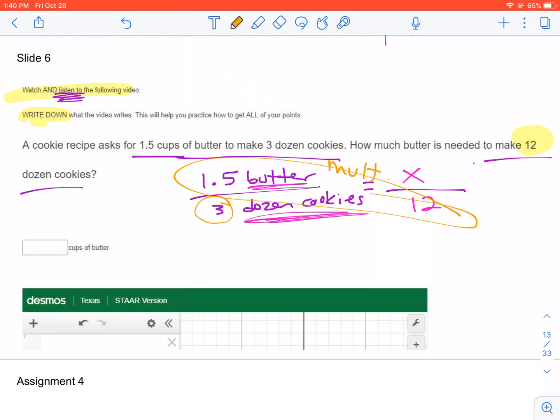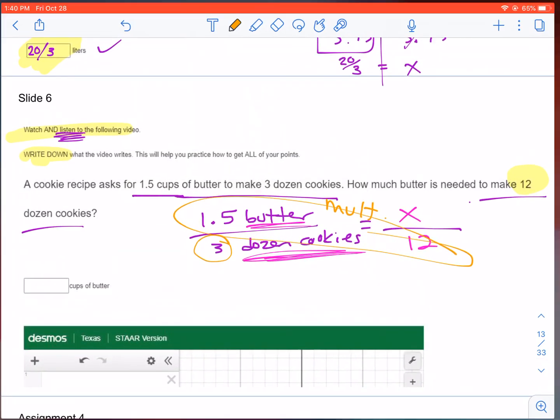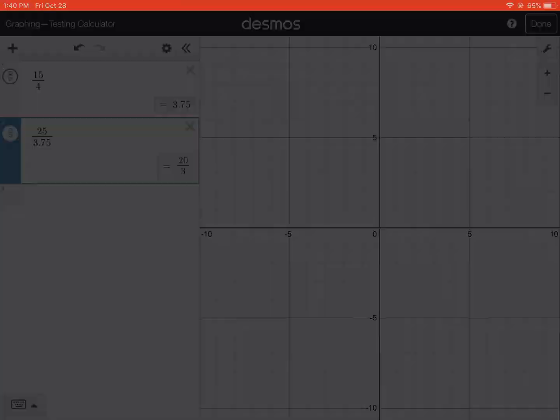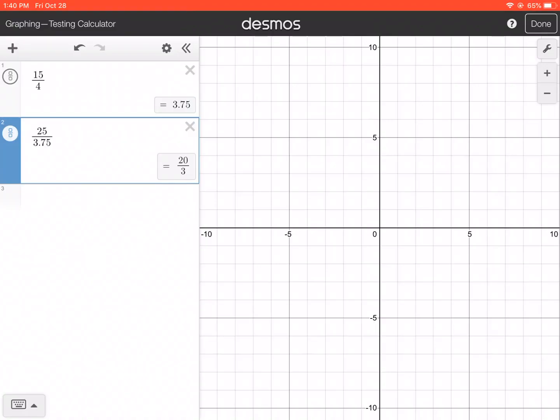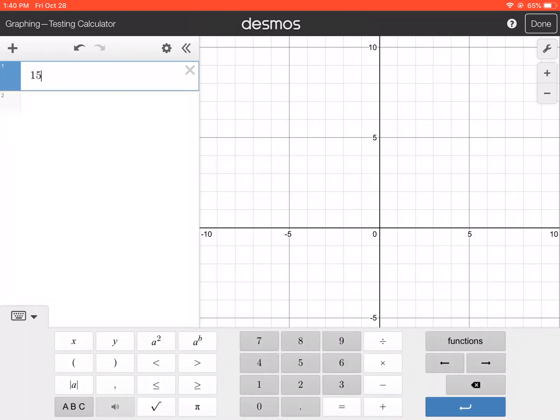So when we go to Desmos, hopefully you remember from last time we did this, we're going to multiply twelve times 1.5, and that's in the oval. That's in that big oval.